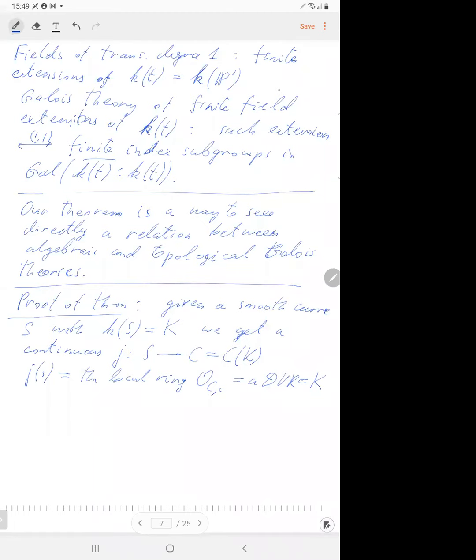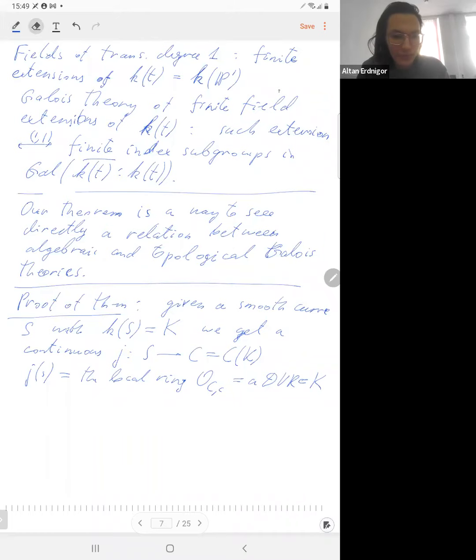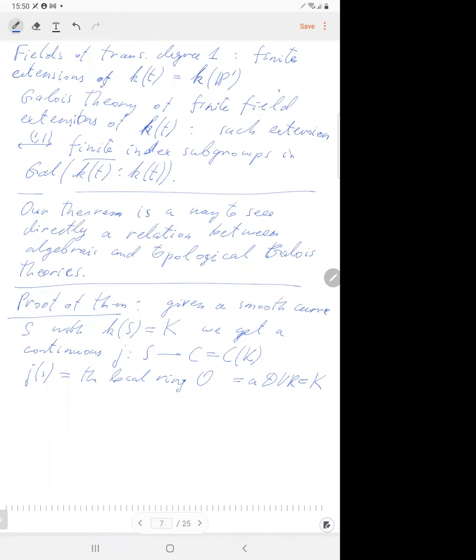Point C, or sorry, point s? Yeah, you're right. It is a curve S, not C. Okay, and now let us produce an algebraic curve.